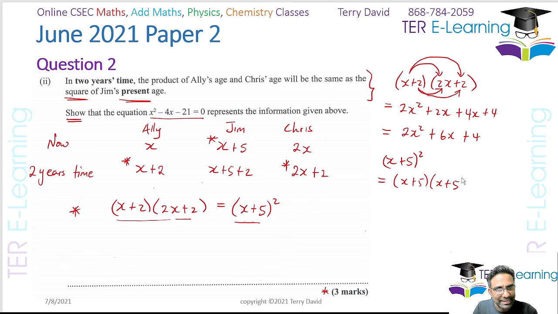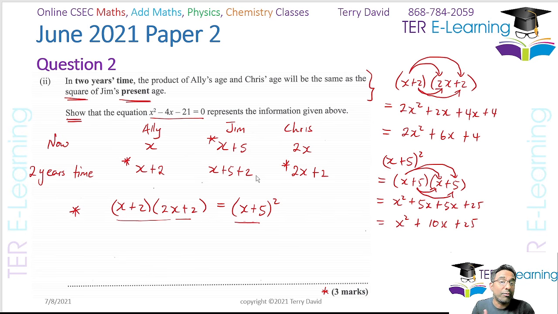And we're going to use the exact same method that I just used there to simplify this. So this x by this is going to give me x squared. Then I'm going to take this x and multiply by this 5. I'm going to get 5x, right? Then I'm going to take this 5 by this. I'm going to get another 5x, right? And then I'm going to take this 5 by this 5 here, and I'm going to get 25. So this is going to be x squared plus 10x plus 25.